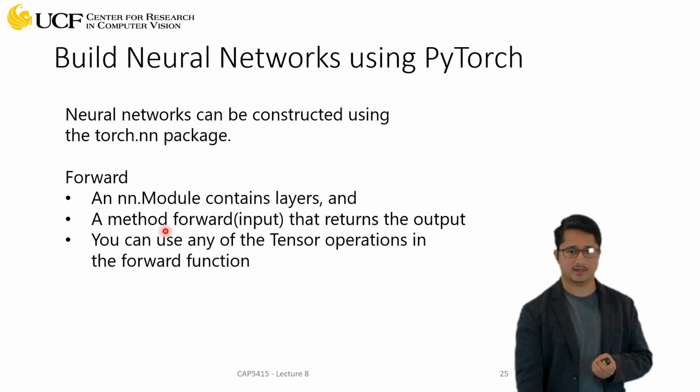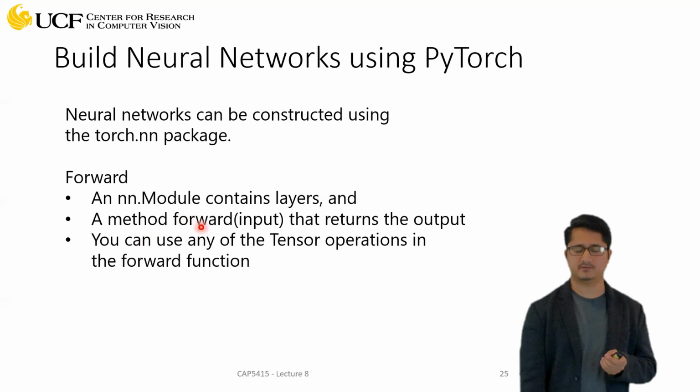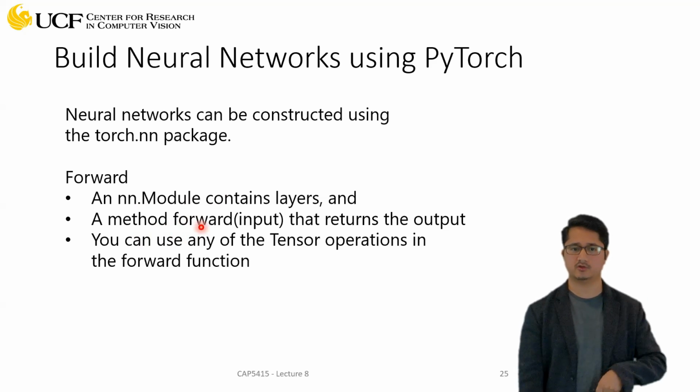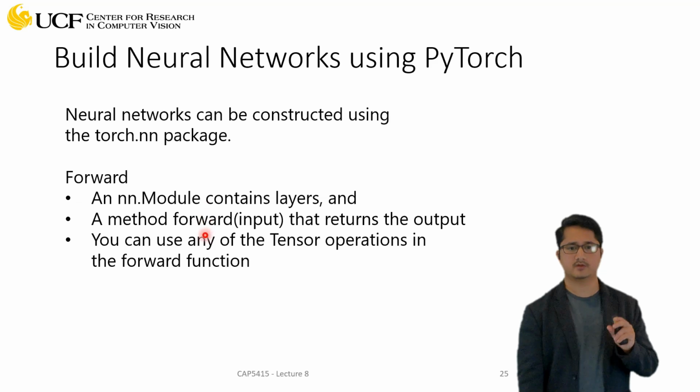Okay, and then this is a very specific function which you will always need. So whenever you're defining your neural network, you will always need a function which will be named forward. Okay, we'll talk about what exactly that function looks like, but just keep that in mind.